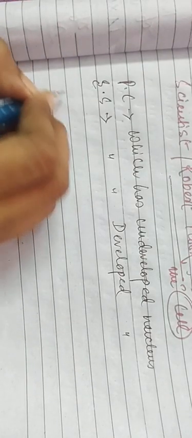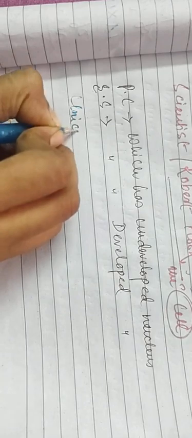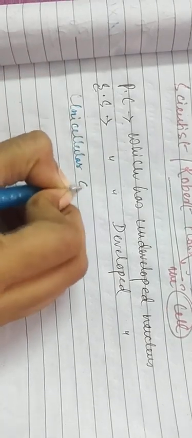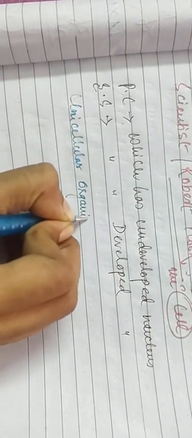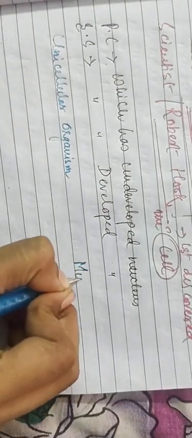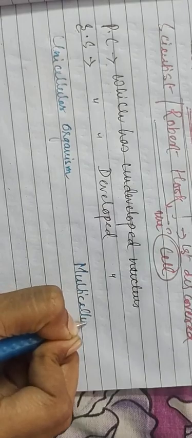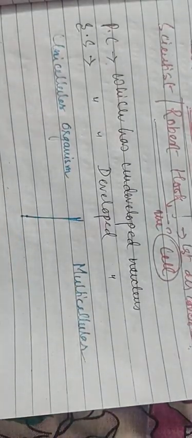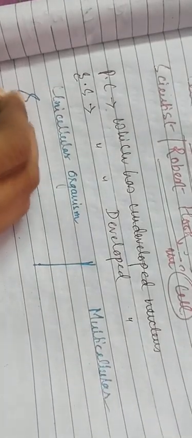Next are unicellular organism and multicellular organism. There are two terms, unicellular organism and multicellular organism. What is the meaning of unicellular? Unicellular means a single celled organism.